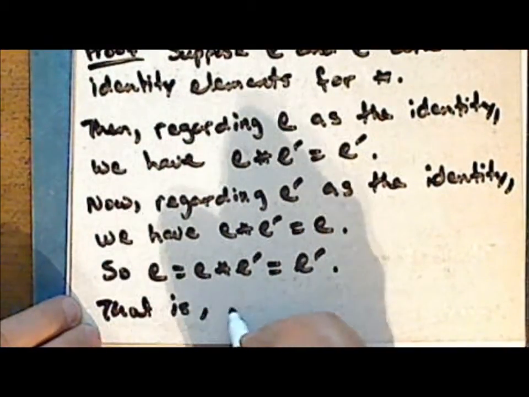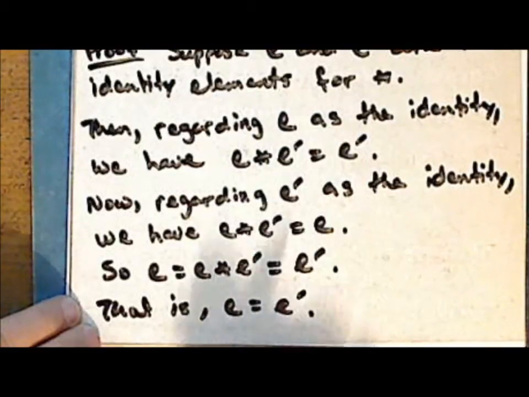And so E is equal to E prime. So a magma has a unique identity element for the operation in the structure.